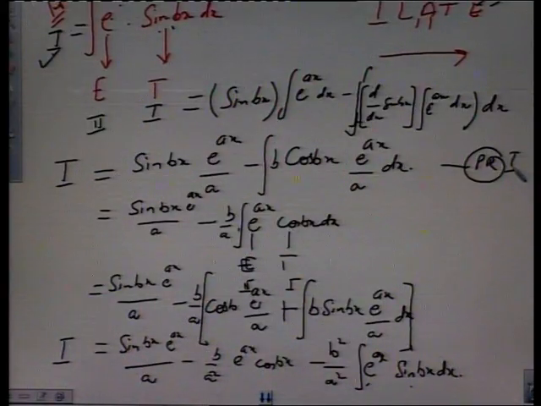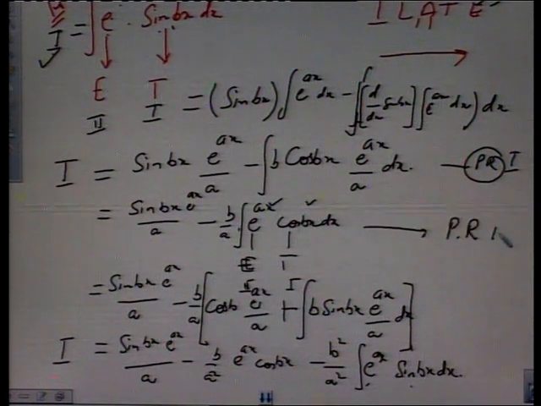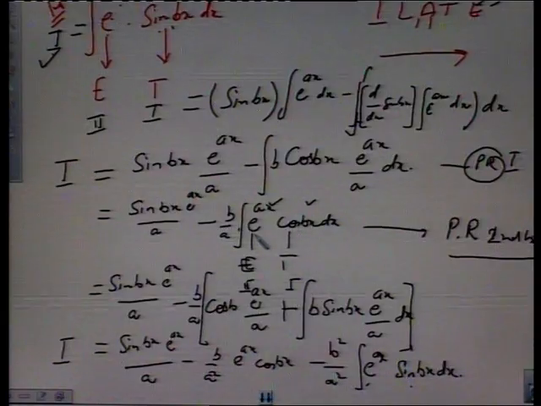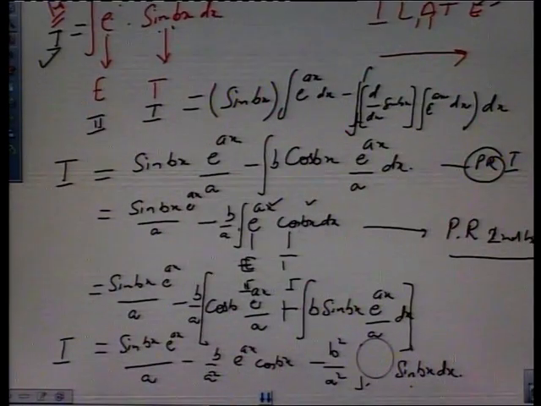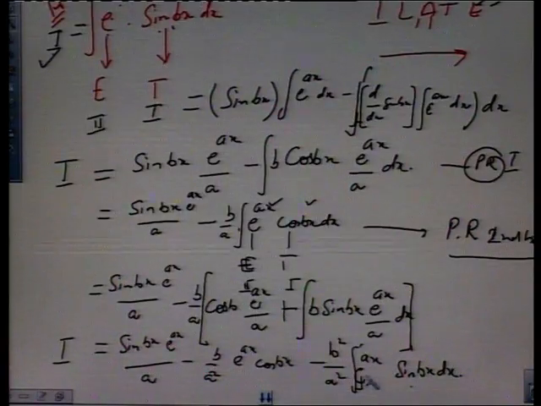Then when we get this function as e raised to power ax into cos bx, by solving this, we have used the product rule the second time. And while integrating this function, we get a situation where the function which we are integrating, e raised to power ax into sin bx, comes again.